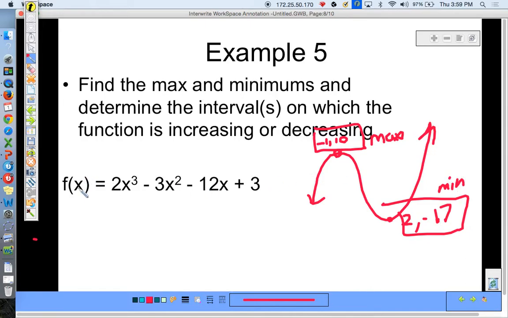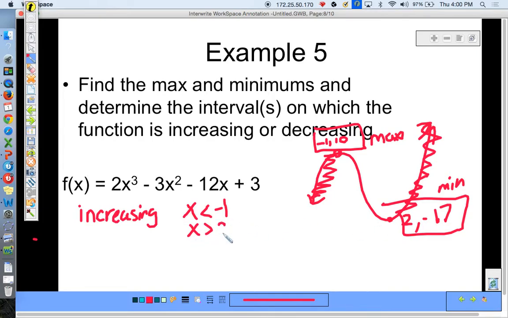And then we have to determine those intervals of increasing and decreasing. So it's increasing, obviously, when it's going up. And it's going up in these two sections. So we always reference our x value. So it's increasing when x is less than negative 1, but it's also increasing when x is greater than 2.